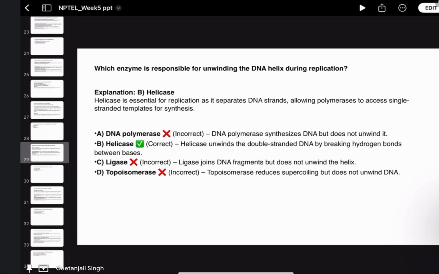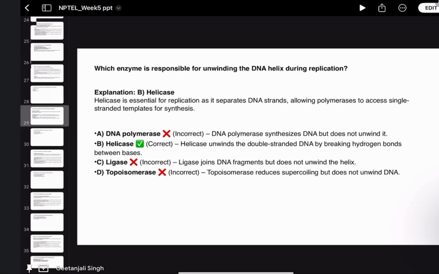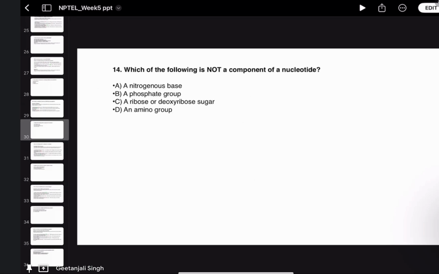Obviously, ligase, as the word suggests, joins the DNA fragments. And topoisomerase reduces supercoiling but is not involved in unwinding of DNA.